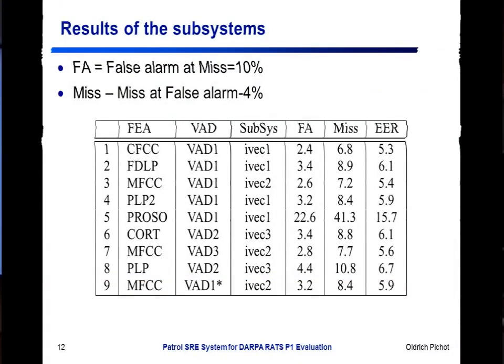Okay, I will probably skip this slide. It's just an overview of how the different front ends do. As you can see, the CFCCs got the best results here. They are a little behind the MFCC, which is always the baseline and usually the best one, but on this data set the CFCC worked the best.